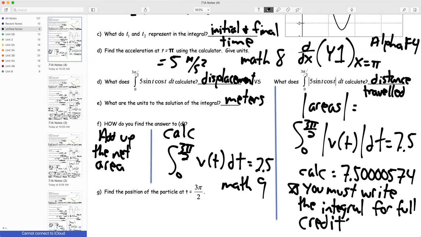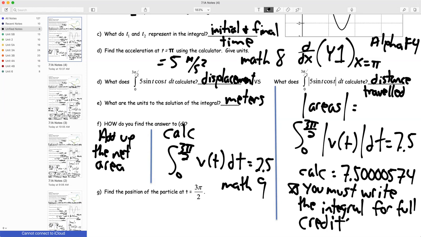Ironically enough, bald answers are bad. Bald, bad. Integrals written out, good. Don't be lazy.